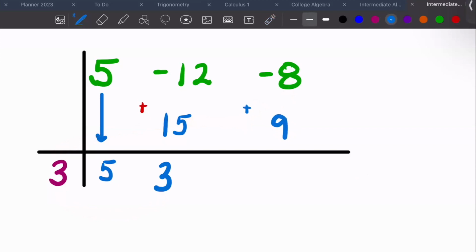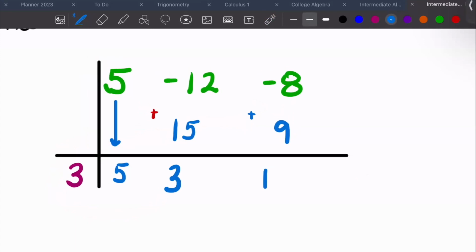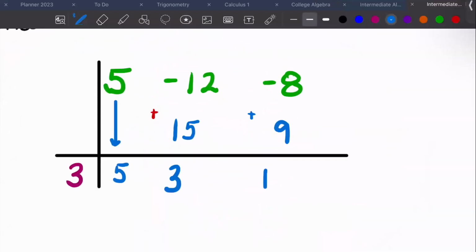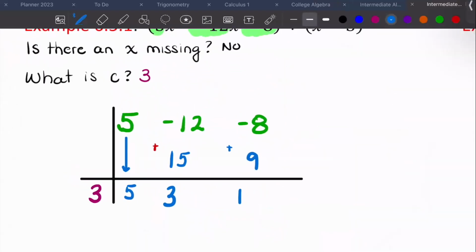We're adding, and so we get 1. Now, what you just found, 5, 3, and 1, those are your new coefficients once you have divided.